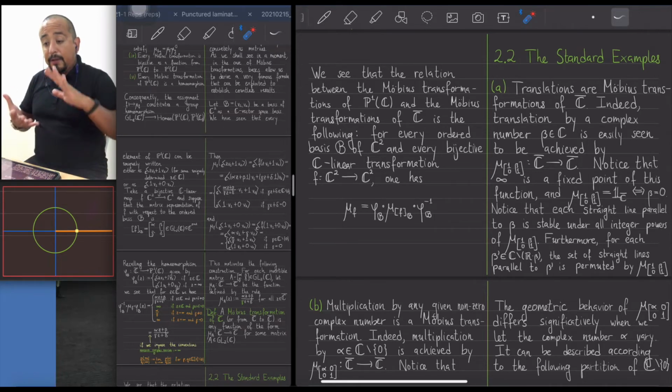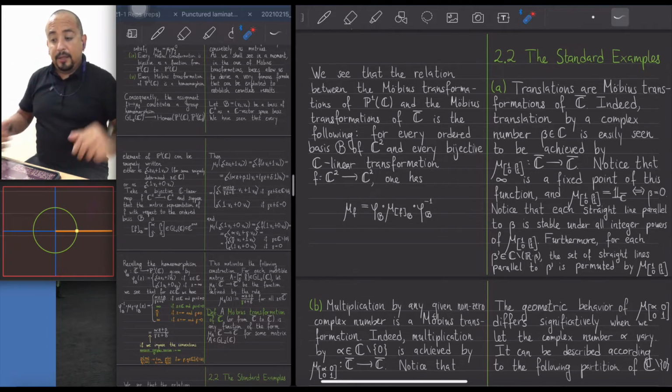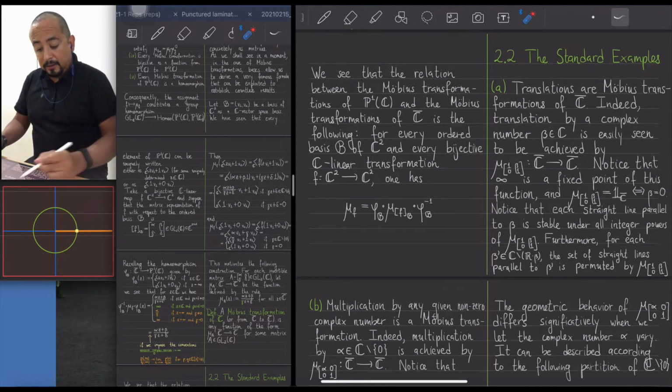A family of curves such that C bar minus the fixed point is the disjoint union of these curves, and that they are permuted by mu beta, 0, 1. So think about it.